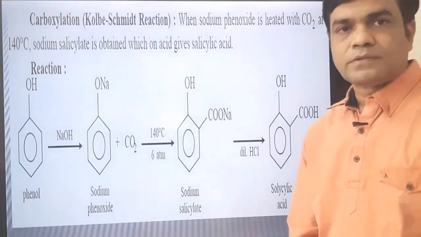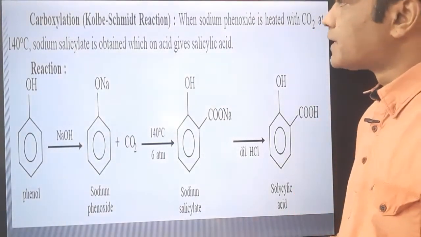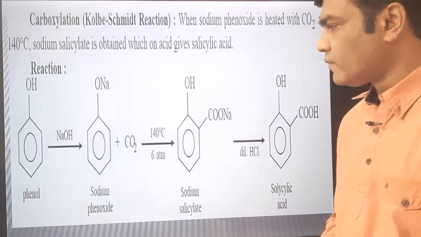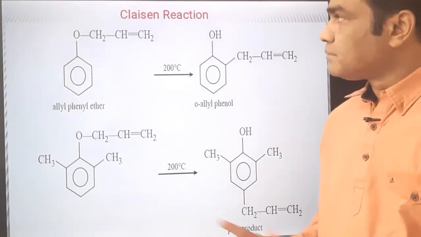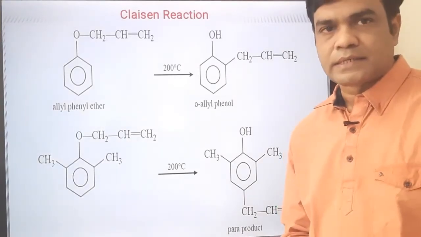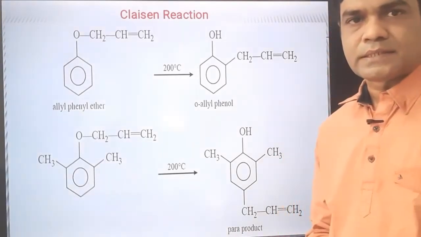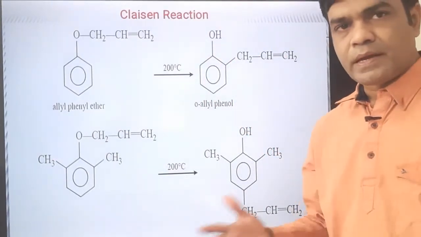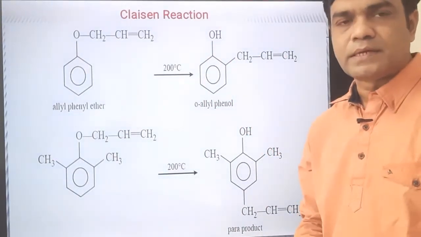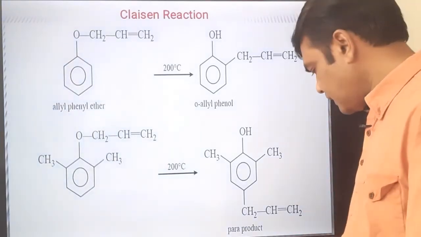After that we also discussed the Kolbe-Schmitt reaction, that is carboxylation of phenol to salicylic acid. Then we discussed the Claisen reaction, which is a pericyclic reaction in which the allyl group is migrated to the ortho position, and if the ortho position is blocked then it goes to the para position.